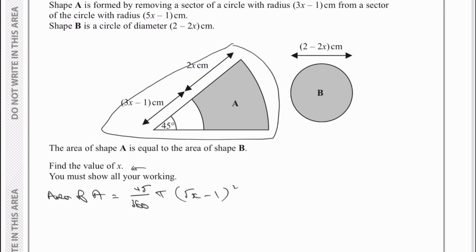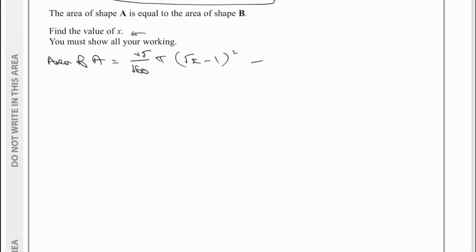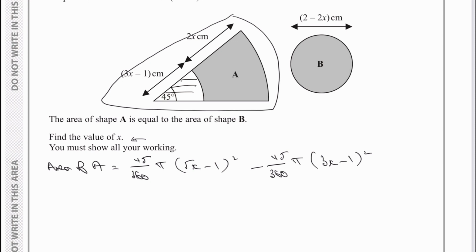So what I need to do is make sure I take away this small piece at the bottom here. So I'm going to take away from that, again, the same fraction, 45 over 360 pi, and the radius of that particular shape is going to be 3x minus 1 squared. And then really it's just a case of working that out, but we also need to be mindful that this is equal to the area of shape B.